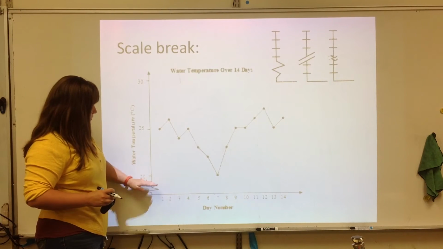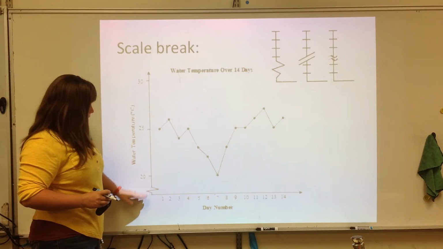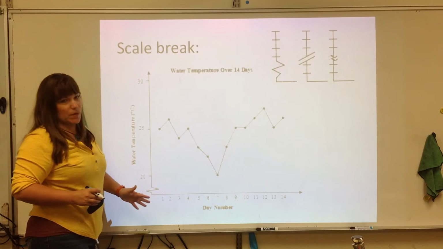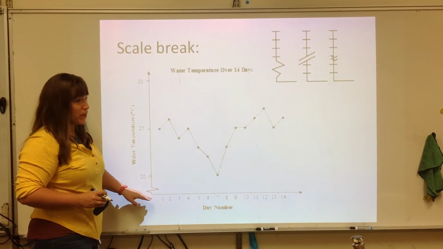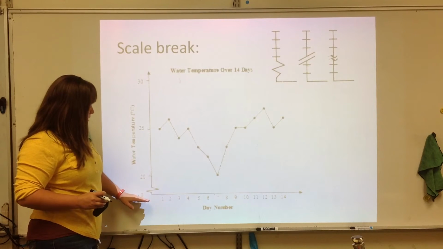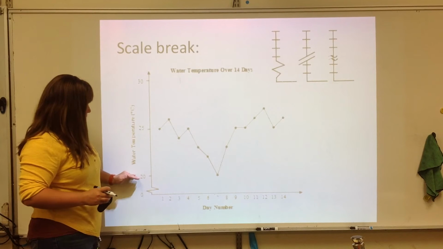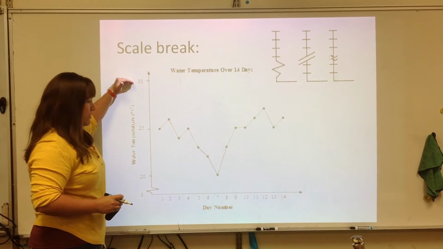Instead of having 0, 5, 10, 15, 20, 25, 30, maybe none of the data exists from 20 down. So to save space, what it really is, is a gap in the scale. Instead of going by fives, we're going to skip the 5, 10, 15, and we're just going to go from 0 to 20, and then 20 to 25, and 25 to 30.